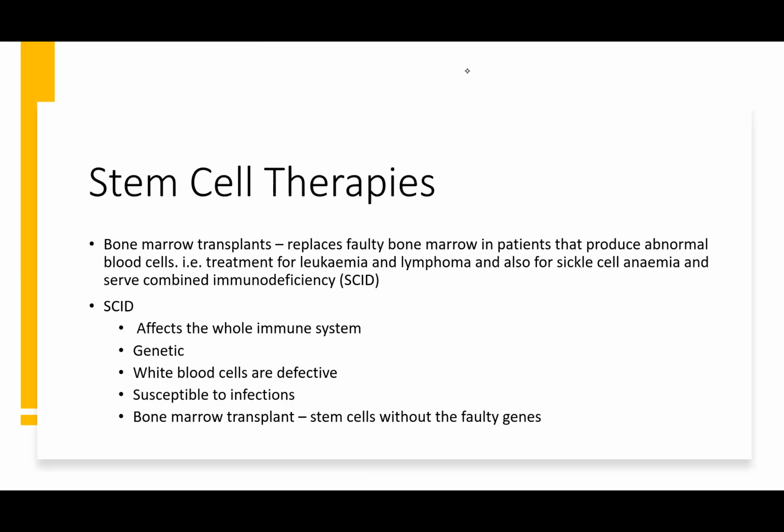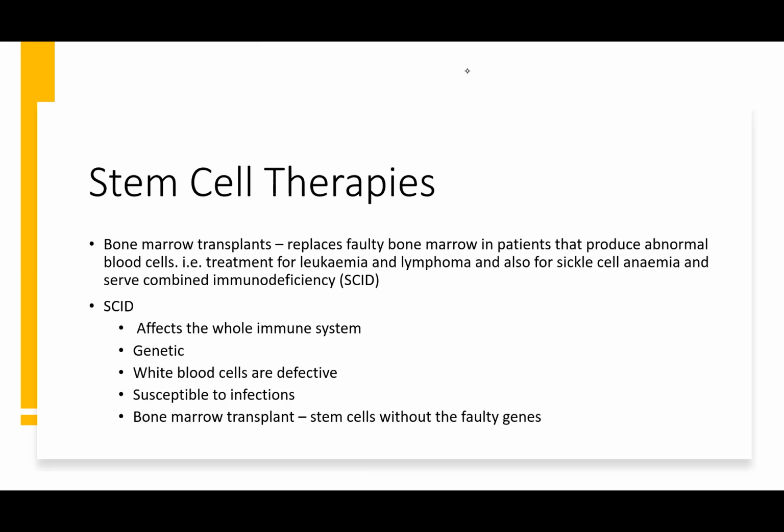So SCID, we'll just have a quick look at what SCID is. SCID is severe combined immunodeficiency. It is a genetic disorder and it affects the whole immune system. People with SCID have a really poor functioning immune system. That's because their white blood cells, which are made in the bone marrow from stem cells, are defective.